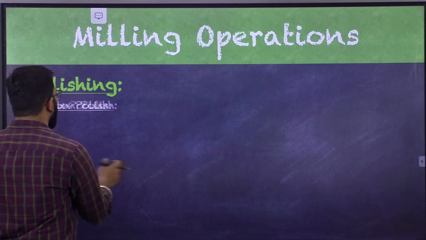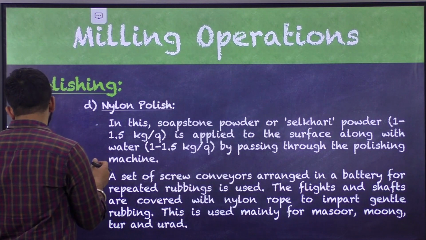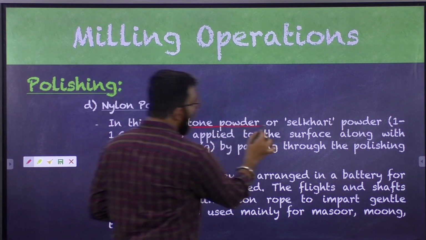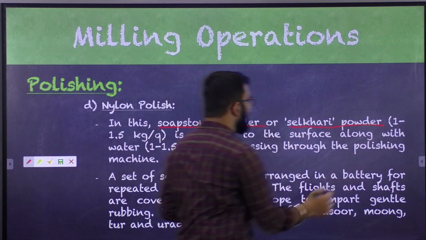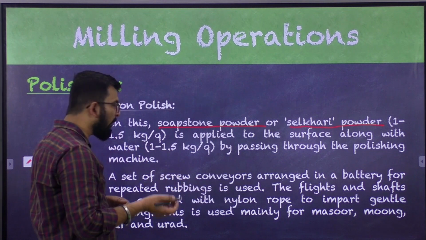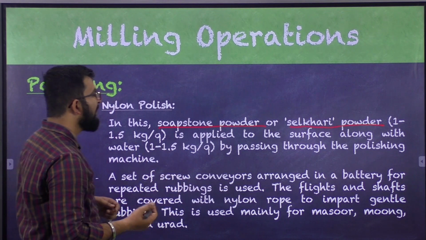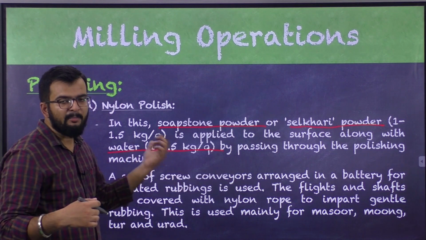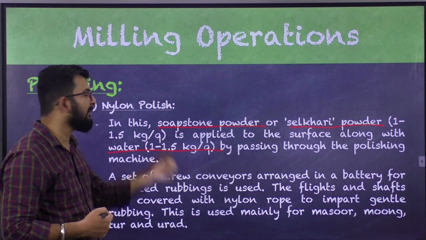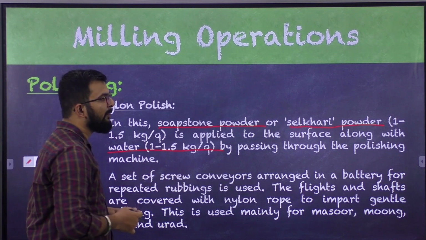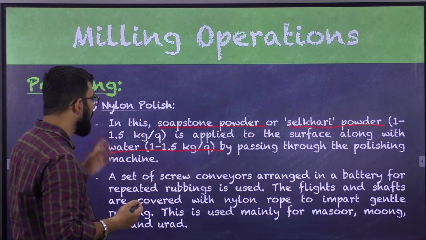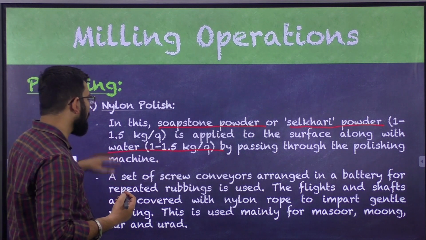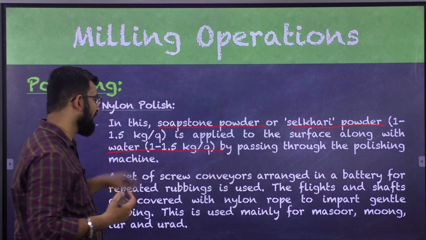Okay, so under polishing, the next type of polish is your nylon polish. So in nylon polish, what is happening? Soapstone powder or salkhari powder, in the amount of 1 to 1.5 kg per quintal, is applied to the surface along with water. In the last case, buff polishing, we were applying oil with water, but in this case we are applying soapstone powder or salkhari powder, around 1 to 1.5 kg per quintal, to the surface of pulses along with water.